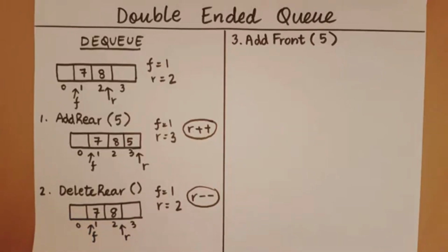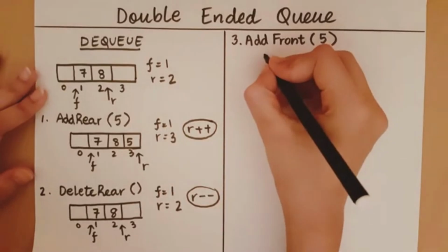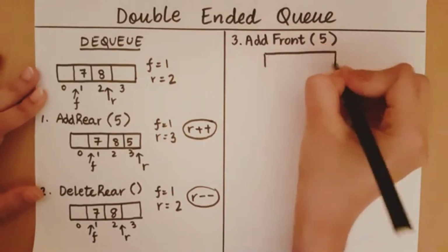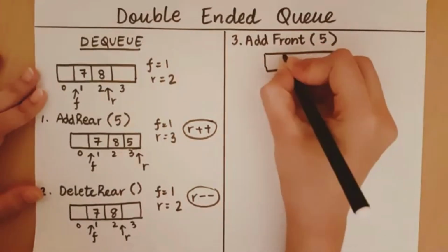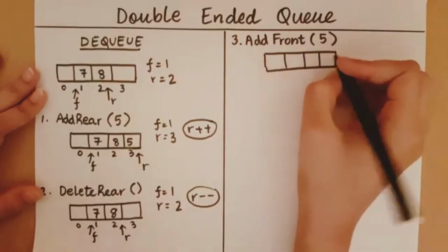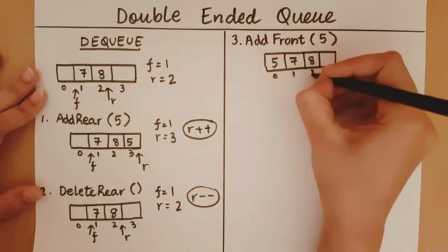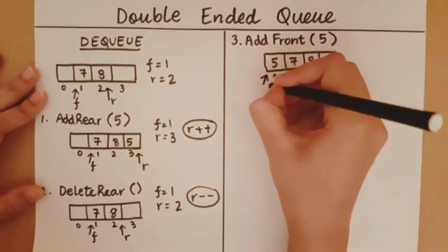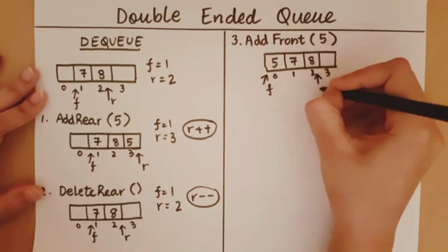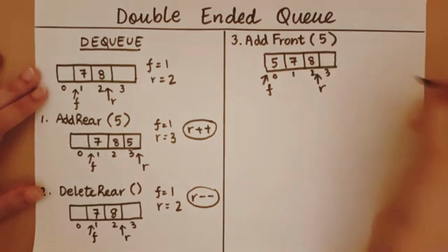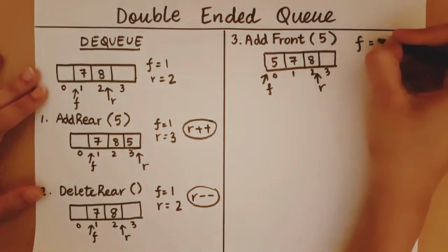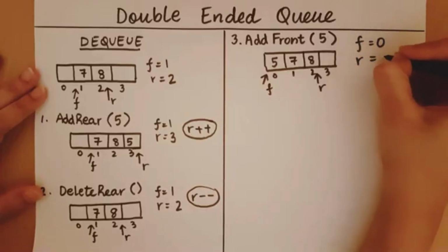So finally, I want my queue to look something like this. So in this case, my front is equal to 0 and my rear is equal to 2.